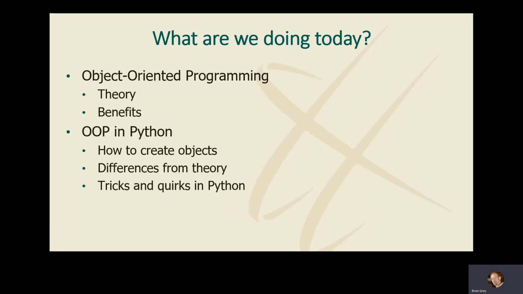We're going to be talking about object-oriented programming, both its theory and its benefits, as well as specific aspects of object-oriented programming in Python. How to create objects, how Python differs from the pure theory, tricks and quirks of programming objects in Python, things like that.